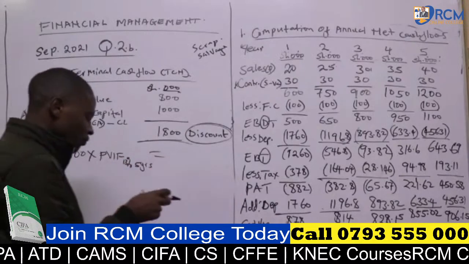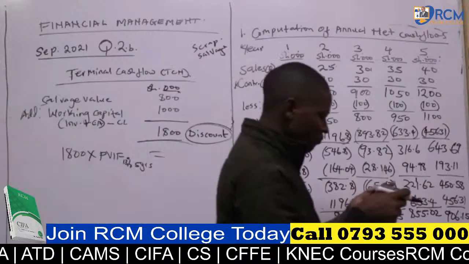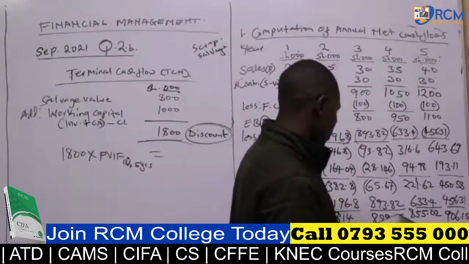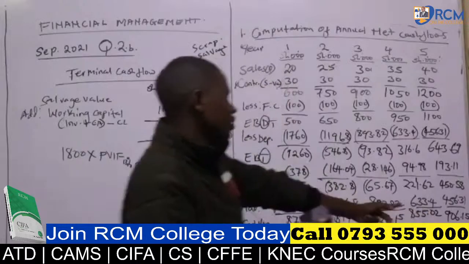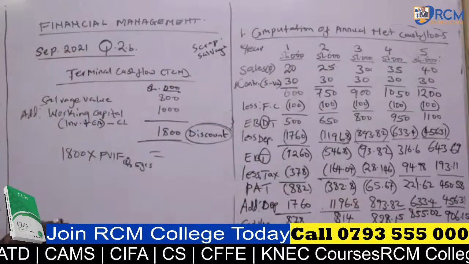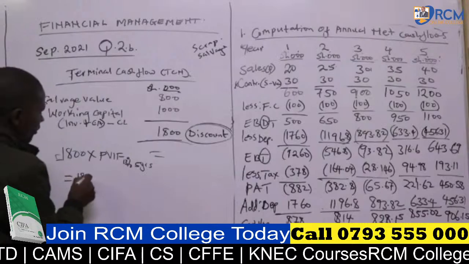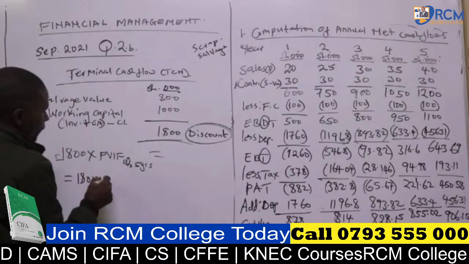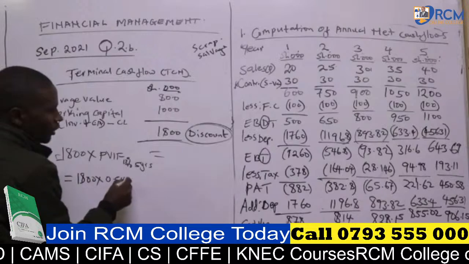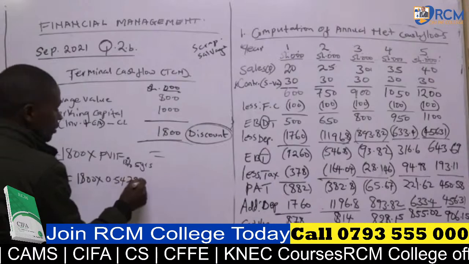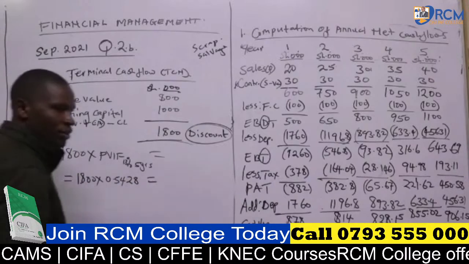Now, can you check from the table? 5 years ilikuwa 0.5428. So it is equal to 1,800 times 0.5428. Give me now this 18.